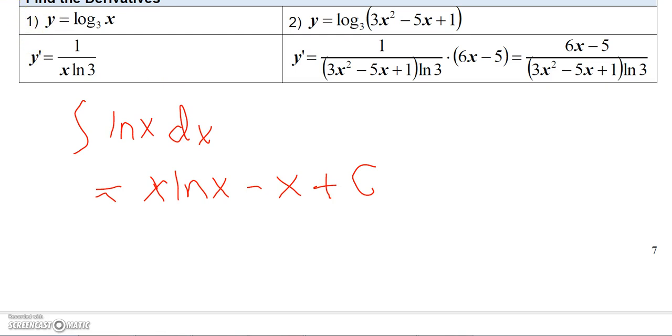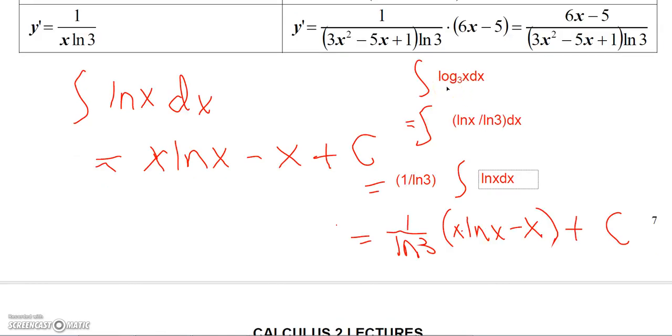So that's the formula for integrating the natural log of x. Now let me show you what would happen if you integrated a log of a different base. Okay, so let's say you wanted to integrate log of x base 3. Well, you don't really need a formula for this, because actually you can use the change of base formula, and you can write this as natural log of x over natural log of 3.